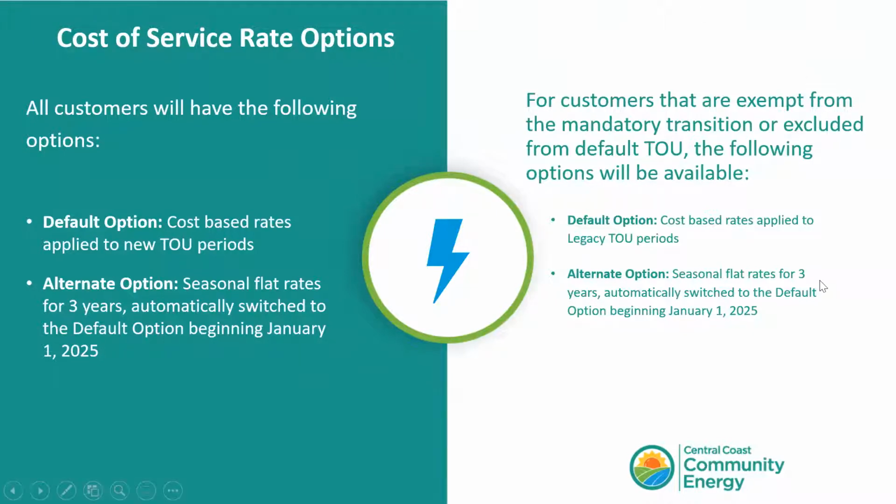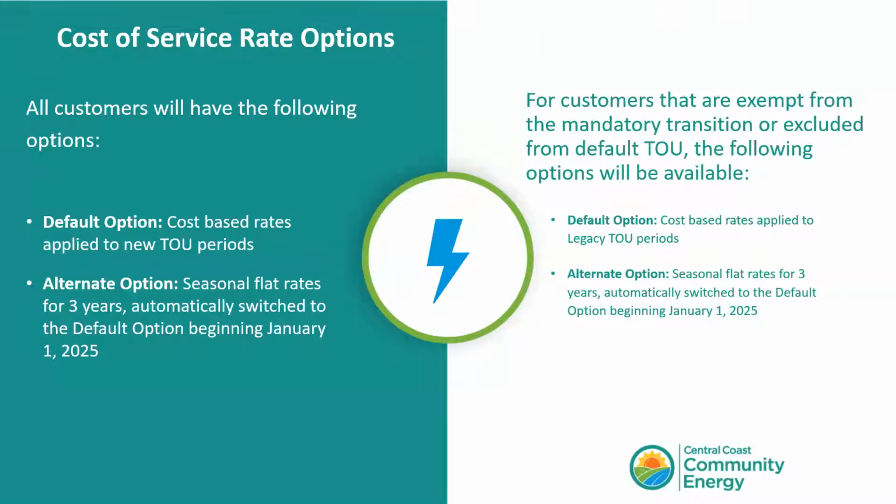Alternatively, we've developed a seasonal flat rate. When we talk about some of the bill comparisons, we'll show you what some of those cost differences are on an average monthly bill for a representative customer within the different subclasses of commercial classes. We'll talk about the cost-based or default rate, and we'll talk about a seasonal flat rate.